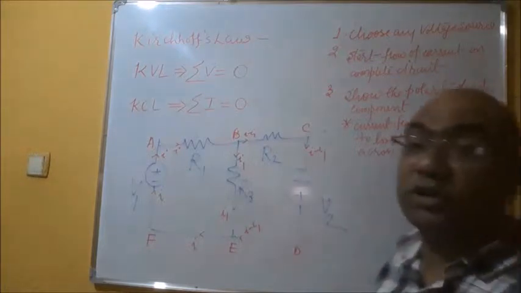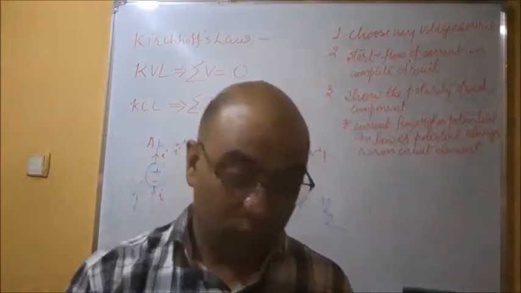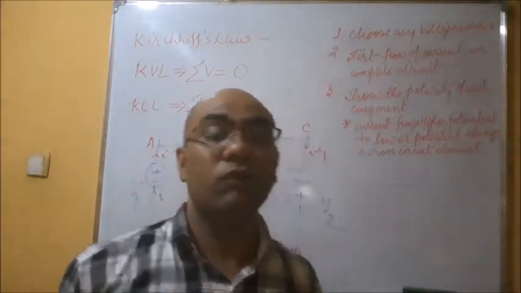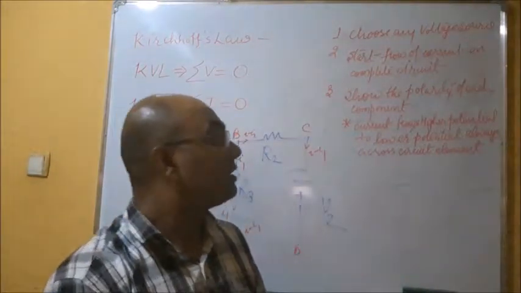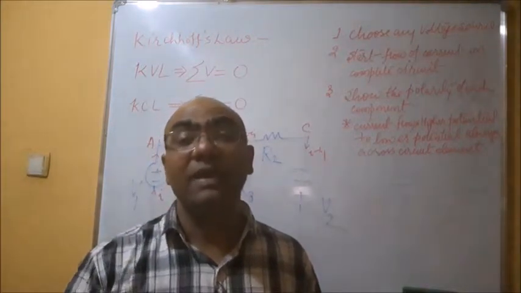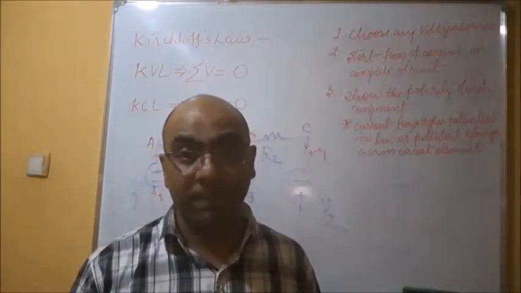So this is the important point. When we are going to make the polarity on the circuit components, what you will keep in your mind is that current always flows from higher potential to lower potential in any circuit element.